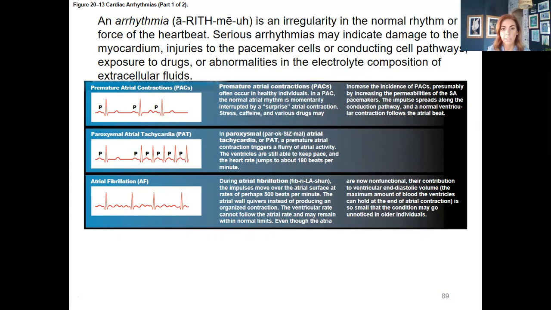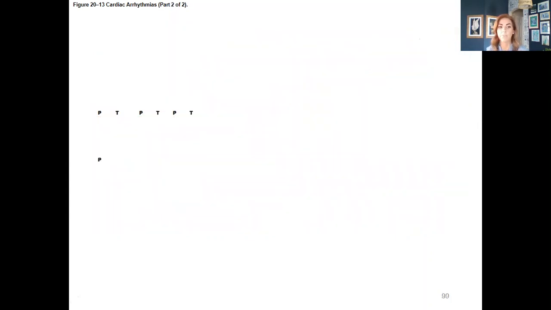We haven't talked about end diastolic volume yet because that's actually in part 3, but you're going to see what end diastolic volume is and the contribution of the blood flow that the atria give to the ventricles. And you will see how that actually works, and you'll understand a little bit more about why AFib is not as big of a deal as something like VFib.